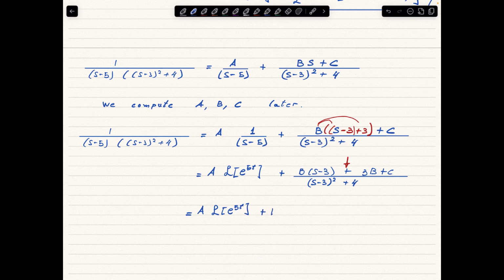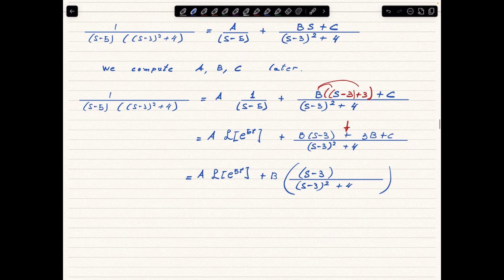Here we are going to have b, that is going to multiply (s minus 3) over (s minus 3) squared plus 4. That is in the Laplace transform table, and then plus, we are going to have 3b plus c, all that multiplies 1 over (s minus 3) squared plus 4.